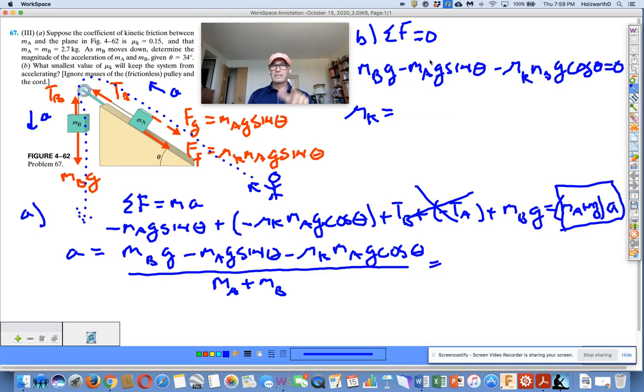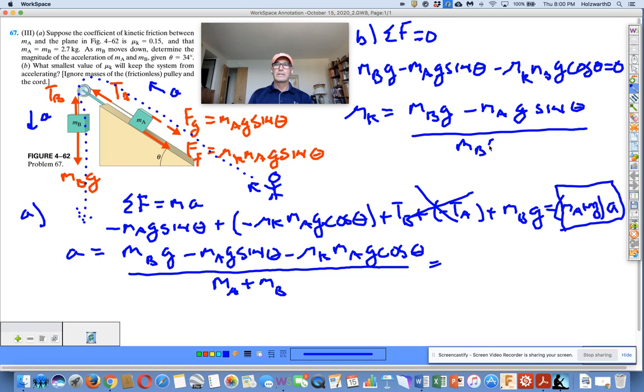So in my head, just to let you know, we're going to add mu sub k m sub A g cosine theta to both sides, and then divide both sides by m sub A g cosine theta. So this is what we have. m sub B g minus m sub A g sine theta, divided by m sub A g cosine theta.